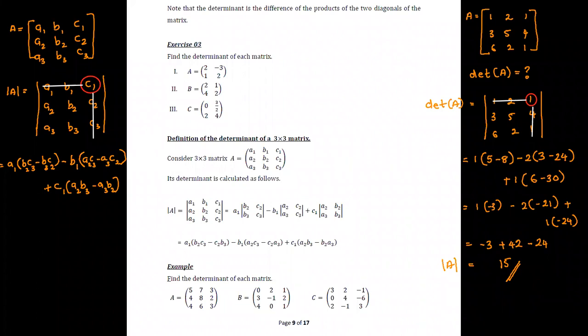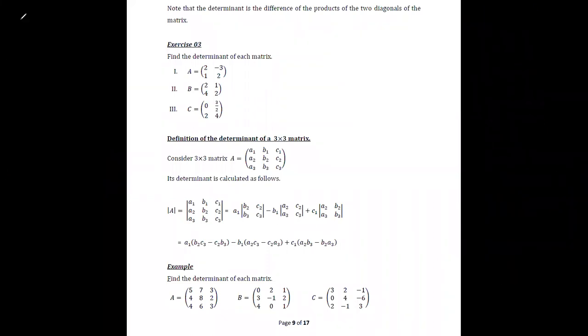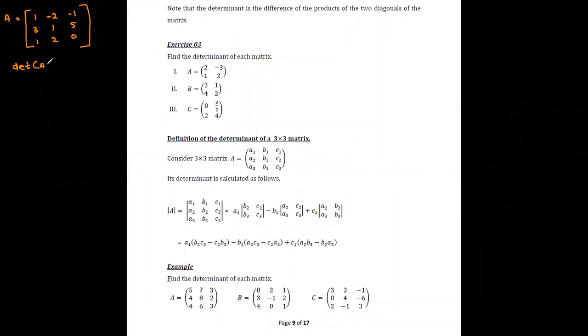Here we will try another example. If the matrix is given in the form 1, minus 2, minus 1, 3, 1, 5, 1, 2, 0, and you are asked to obtain the determinant of matrix A, since this is a 3 by 3 matrix, we can use this rule.